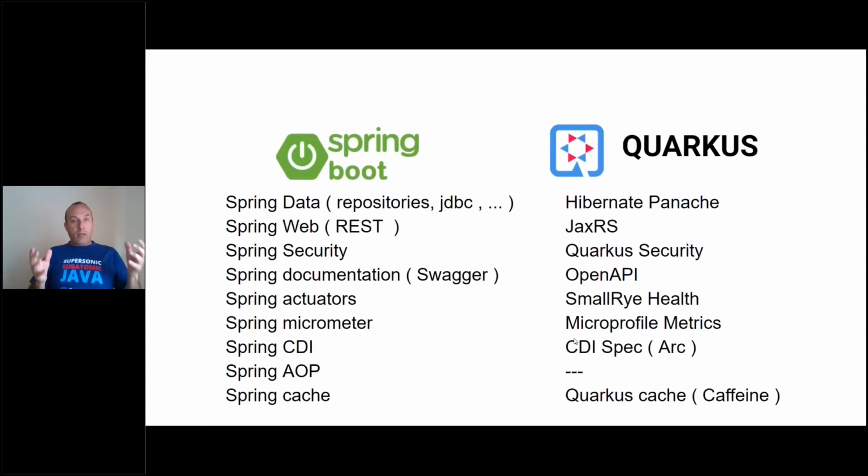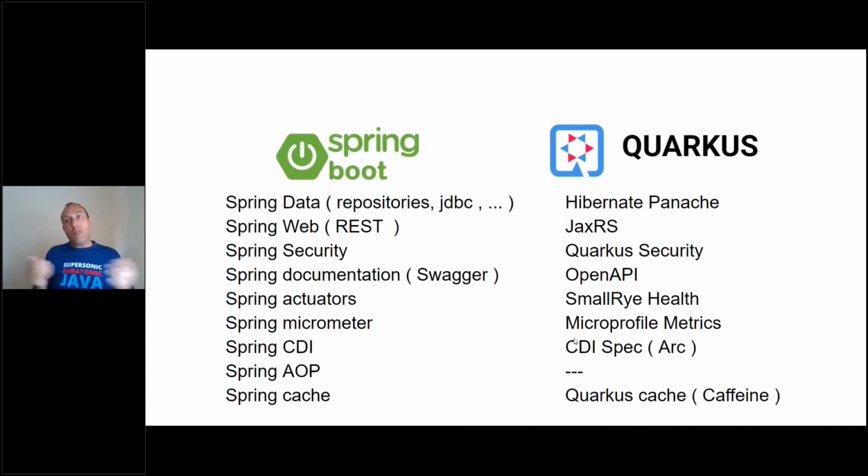About the project to be migrated, it has the commonly used libraries: Spring Data, Web, Security, Documentation with Swagger, Actuators, Micrometer, CDI, AOP, and Cache. Most of the projects I've been involved in that were using Spring Boot had almost all of these technologies.